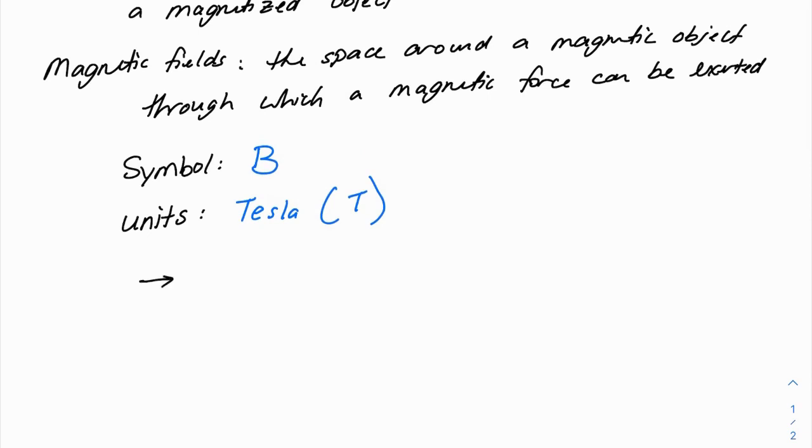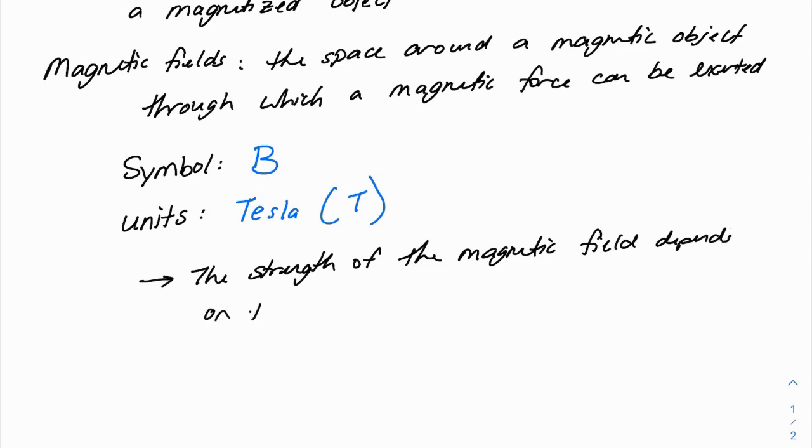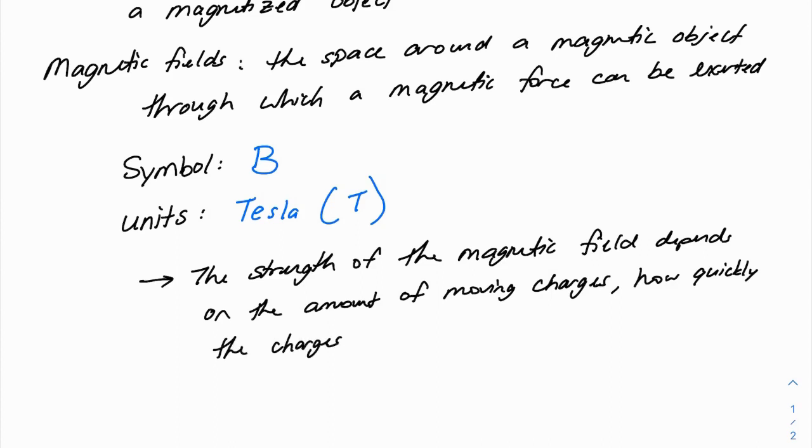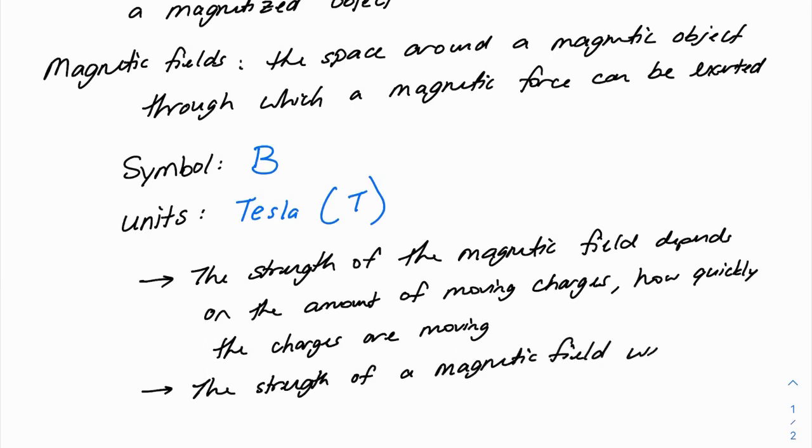But we do know that the strength of the magnetic field depends on the amount of moving charges, how quickly the charges are moving, and the strength weakens the further away you get from the source of magnetism.